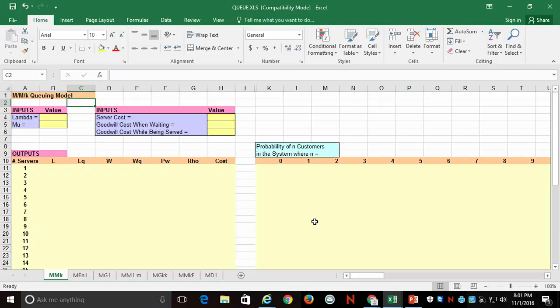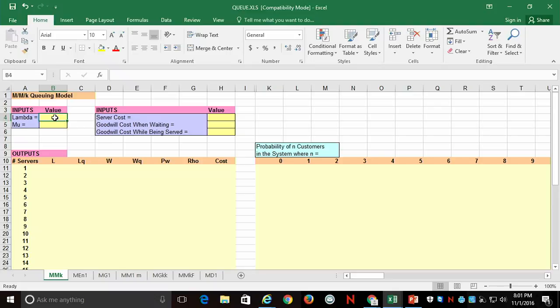You'll see this workbook has multiple tabs. The one we're primarily going to focus on is the MMK tab. MMK, which means Markovian, and K servers.